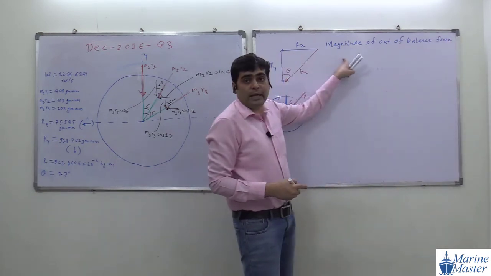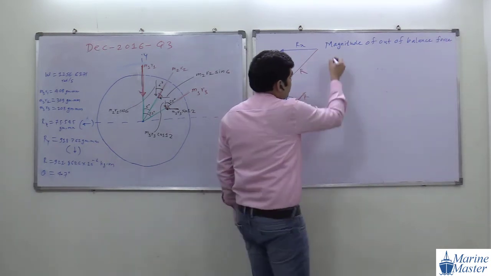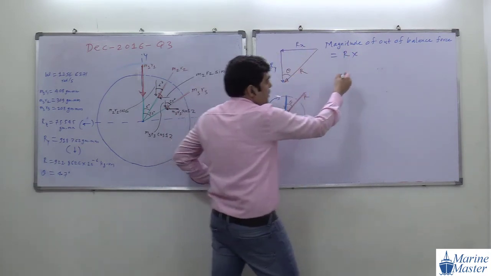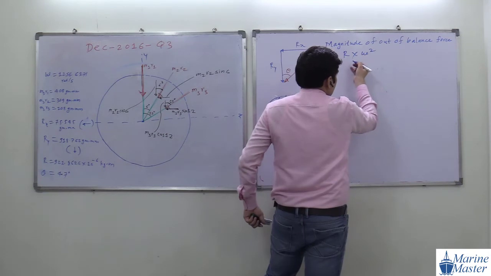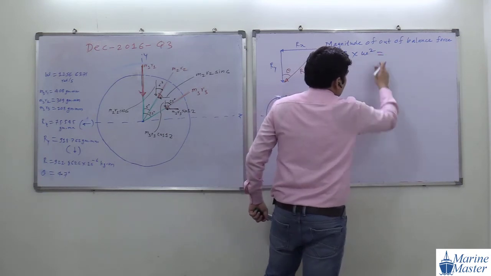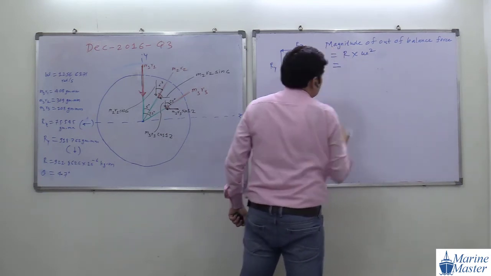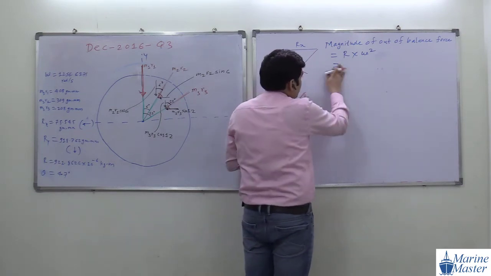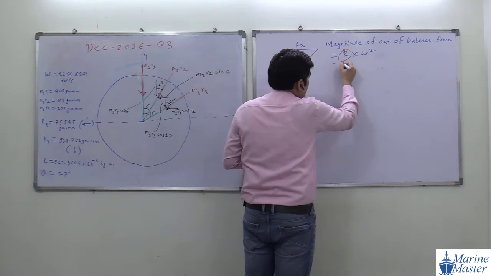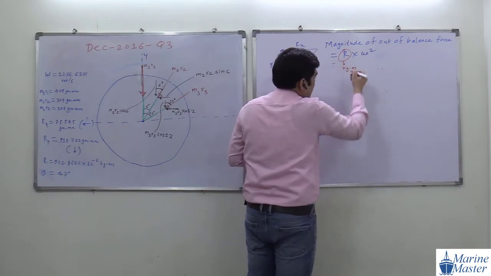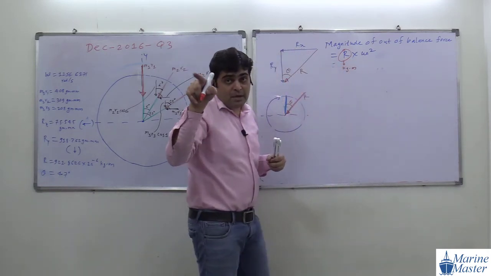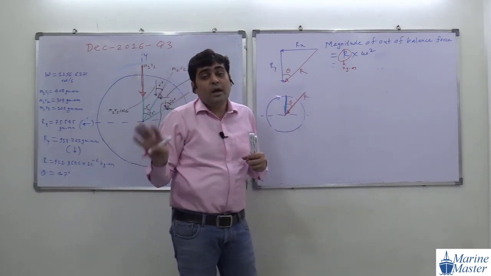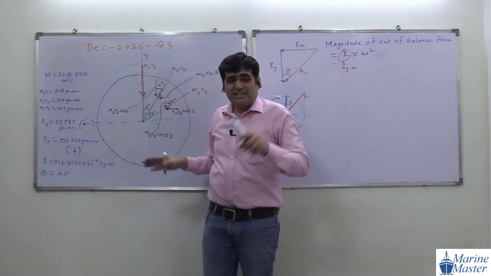How to get the magnitude of the out of balance force? If you multiply this R by omega square. Remember, in this expression, R must be in kg meter. Don't take gram mm. Earlier we considered Rx, Ry in gram mm because we want simple calculation.